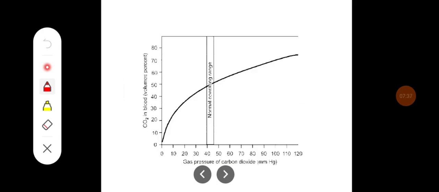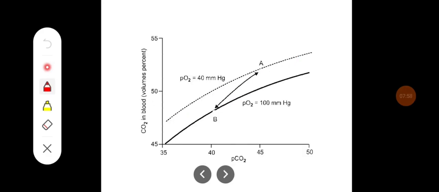So this is the normal carbon dioxide dissociation curve, which is almost linear, and the partial pressure of carbon dioxide changes between this narrow range of 40 to 45 mmHg. And this curve shows the carbon dioxide dissociation curve at the venous blood and at the tissue level, and the carbon dioxide dissociation curve at the lung level, where PO2 is 100 mmHg.